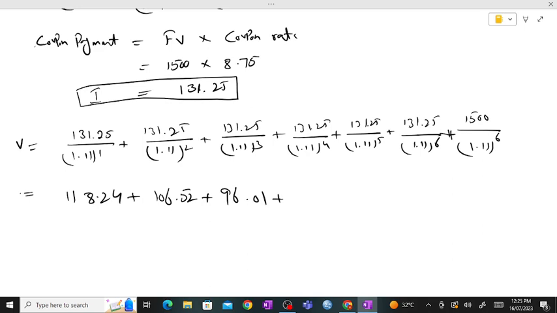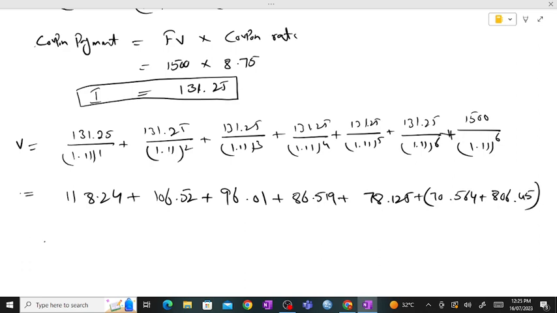Then power 4 would be 86.519, and power 5 is 78.125, and then power 6 would become 70.564, plus the maturity value, which would become 806.45.